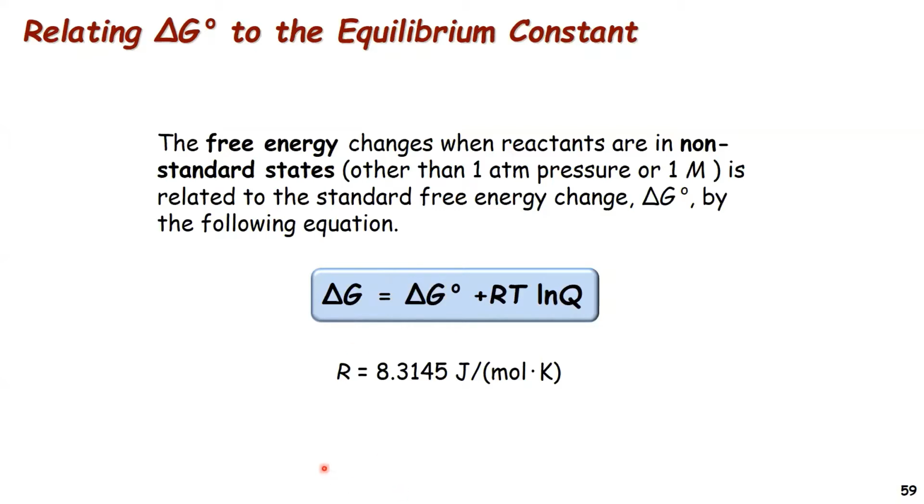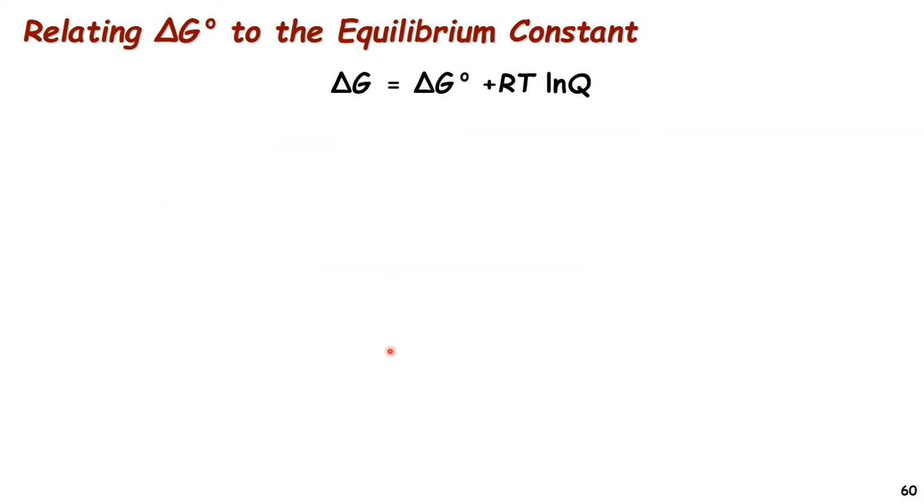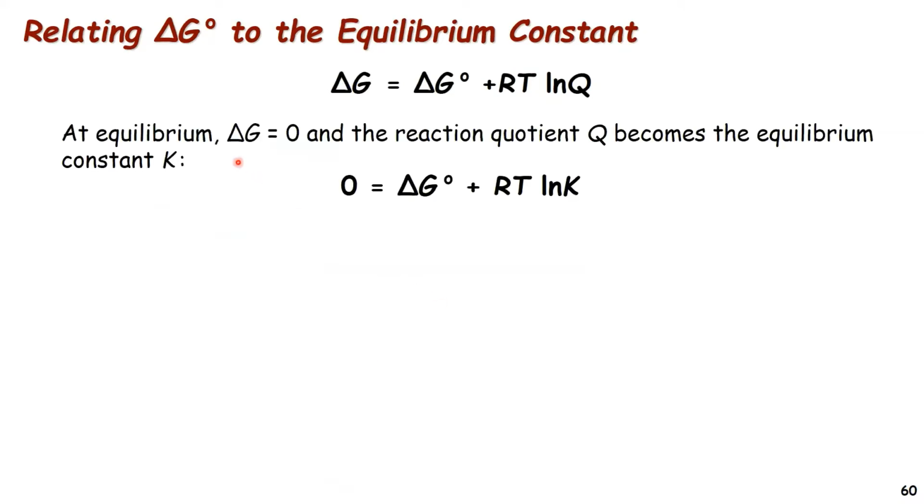Okay, so let's look at it. So again, at equilibrium, del G, so this isn't the standard, but del G would be equal to 0. So if this is equal to 0, I can then say that Q is equal to K, right? At equilibrium, Q is equal to K. So now I have an equation that relates the free energy to the equilibrium constant.